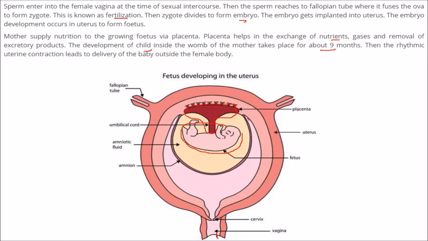After that there is a rhythmic uterine contraction that leads to delivery of the baby outside the female body. So here, this is the fallopian tube, this is the placenta, uterus, fetus, amniotic fluid is there, and amnion is this, and this is the umbilical cord. Here, this is the cervix, which closes the opening, and this is the vagina.